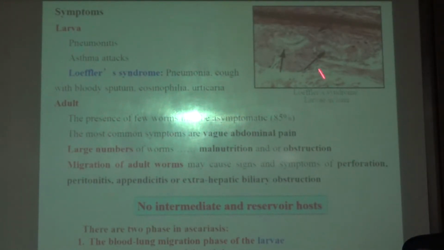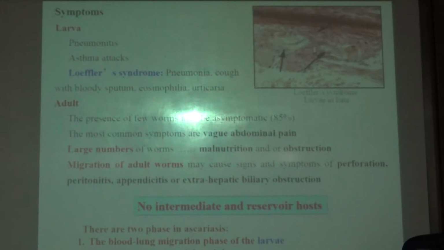This is a larva which can be seen only on biopsy, as you can see here, larvae in lung. It cannot be seen in stool, they form here. Adult, the presence of few worms may be asymptomatic. Most common symptom is vague abdominal pain.